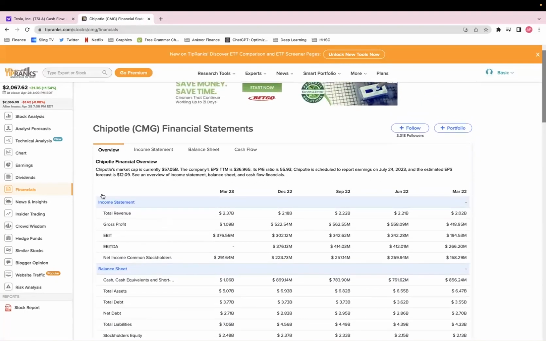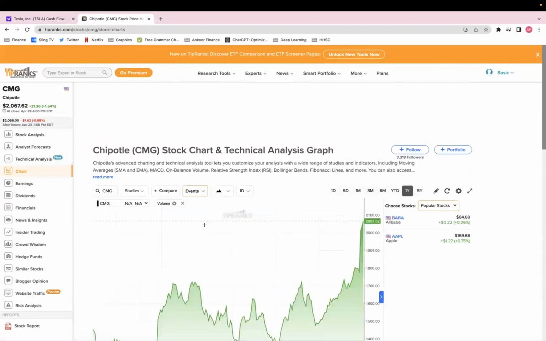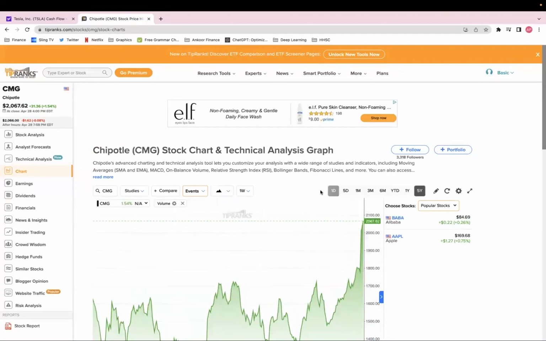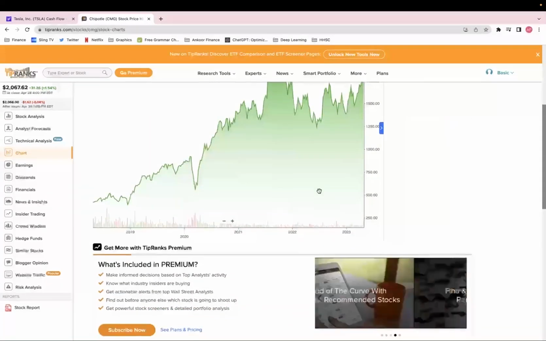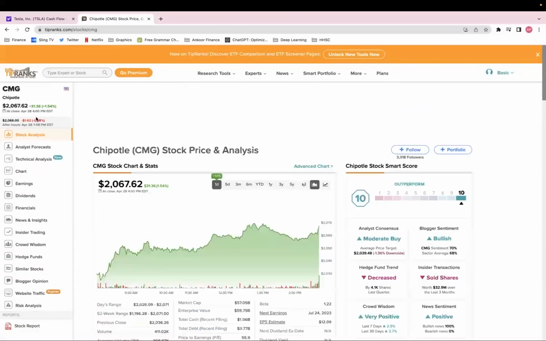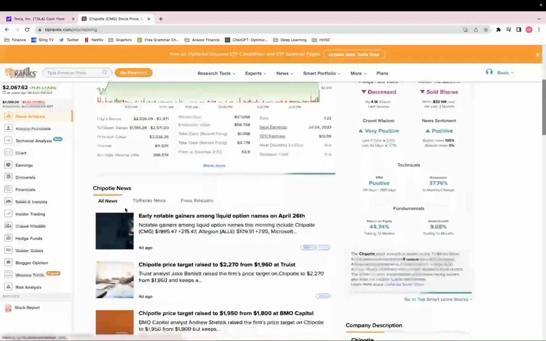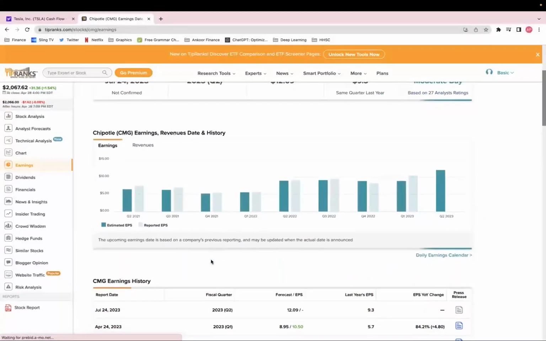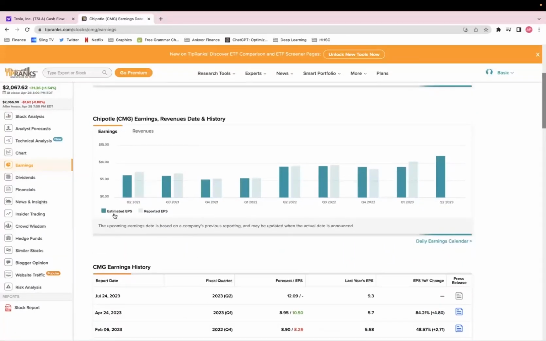Let's see the charts. The charts are awesome. I saw a very nice chart yesterday with the net profit margin, stock analysis, ratios, earnings. There you go. Look at this chart. This is EPS, estimated EPS versus reported, quarter by quarter.